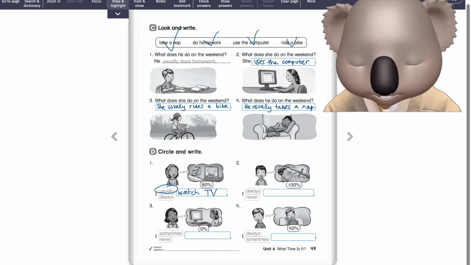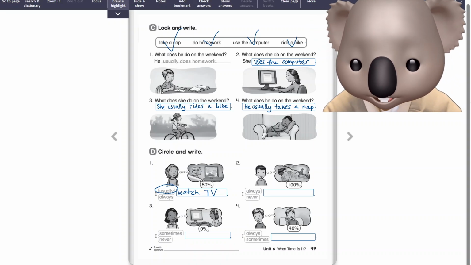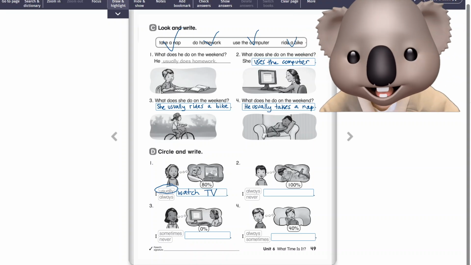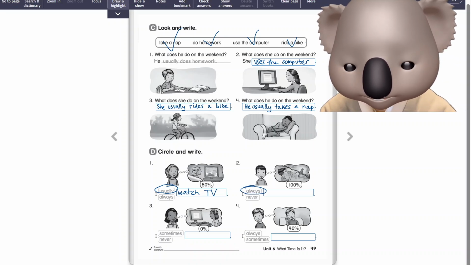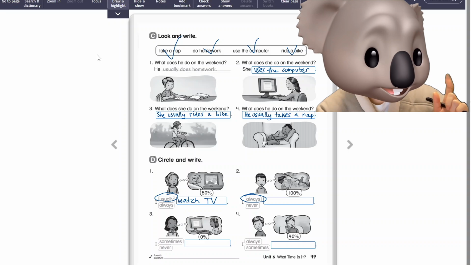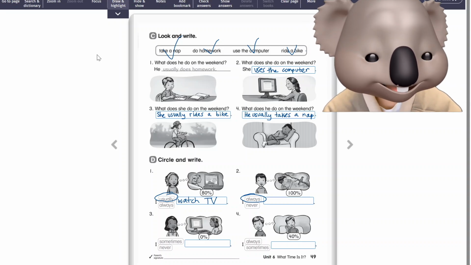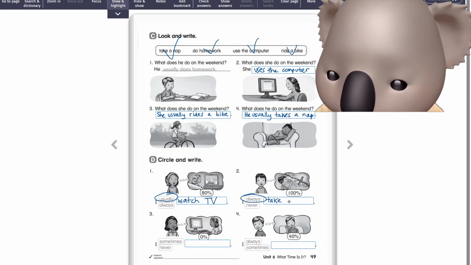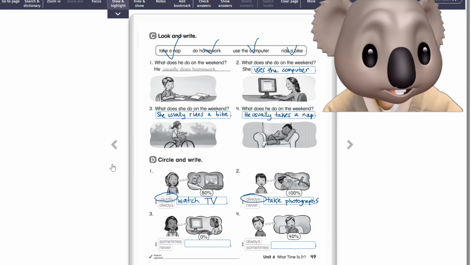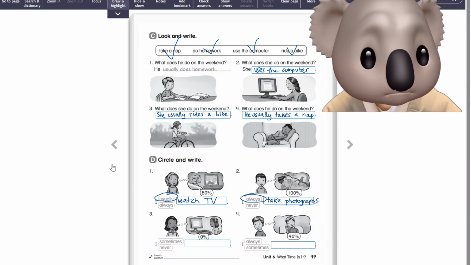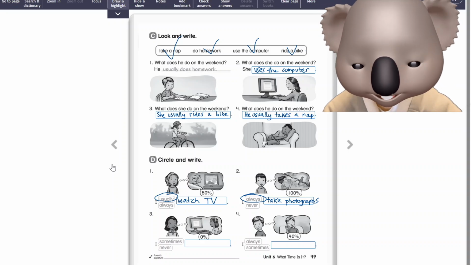Great. Number 2, 100%. I always or never. Good. I always take photographs. Very good. And number 3, 0%. I sometimes or never.